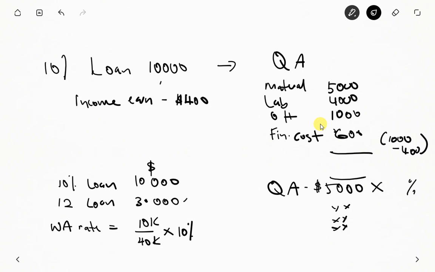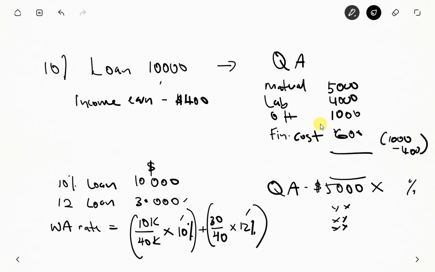Whereas 30,000 is bigger, so we give more weightage to 12%. You focus on 10 over 40, 30 over 40. Which has higher weightage? 30. We give more weightage to 12%, and lesser weight to 10%.